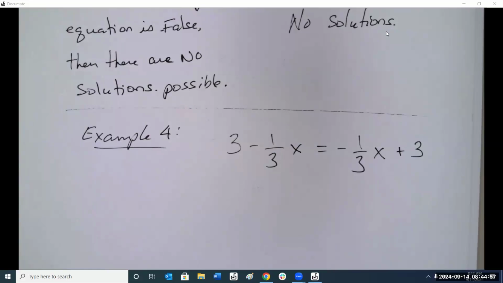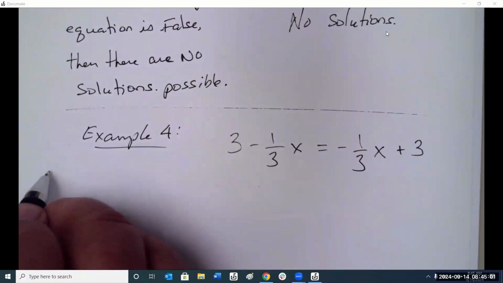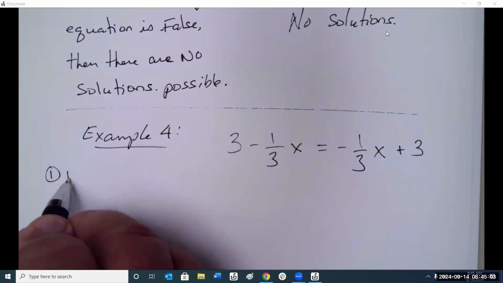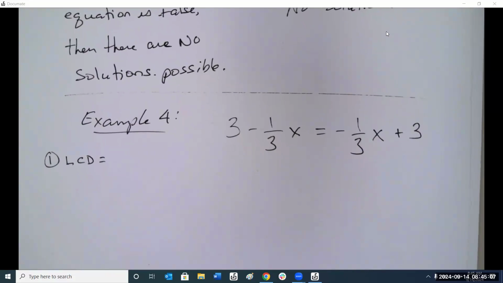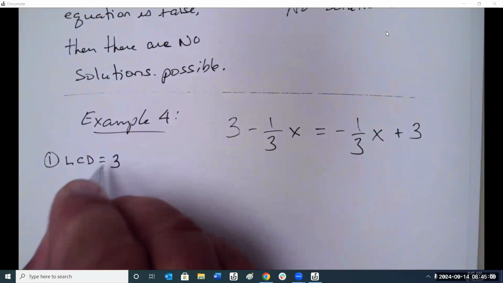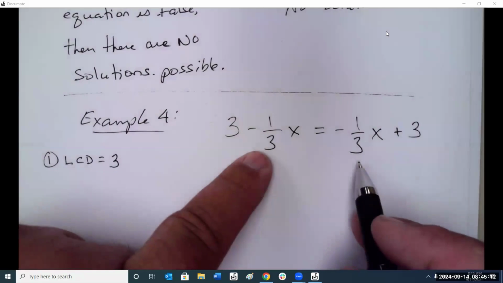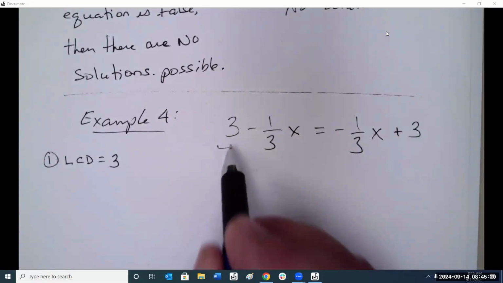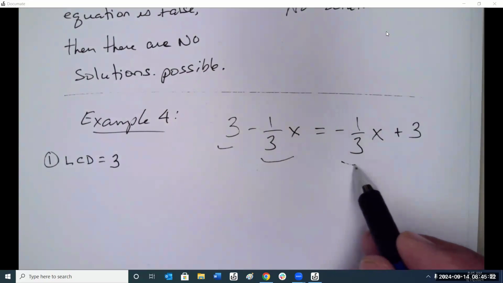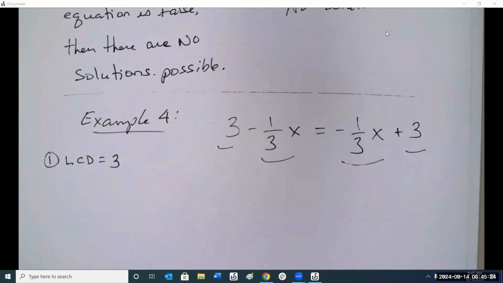Okay, for practice, remember you have fractions and an equal sign. So the first step is the LCD. What's the LCD in this example? 3. Yeah, 3 is the only one. So how many terms do we have? 4. Here's 1, 2, 3, 4.